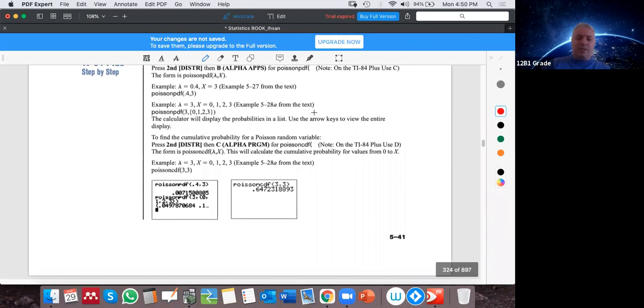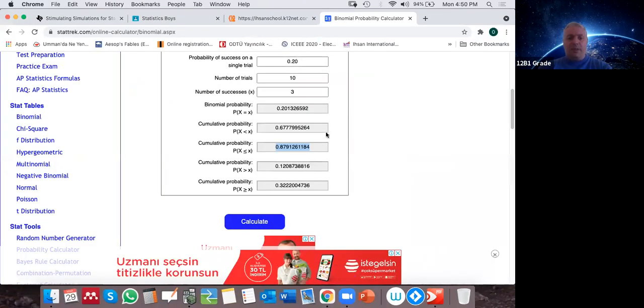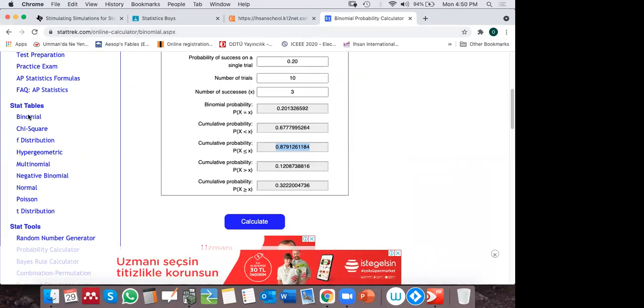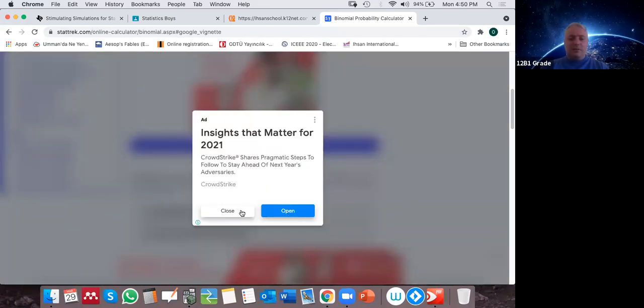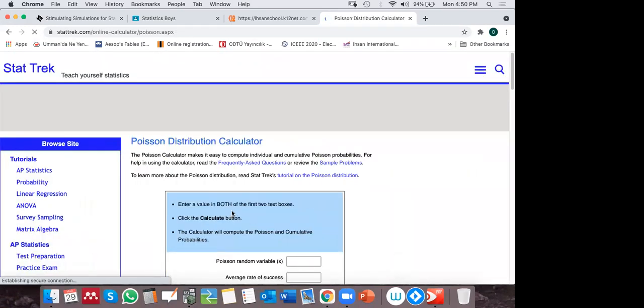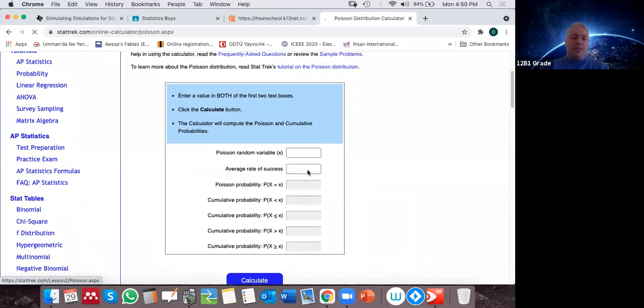And for the Poisson, we also have a calculator, even the online one, I think. Let's check it, Poisson. Yeah, the website has it. Here you see, click the Poisson. Poisson random variable, average rate of success. So what is the Poisson random variable and average rate of success?